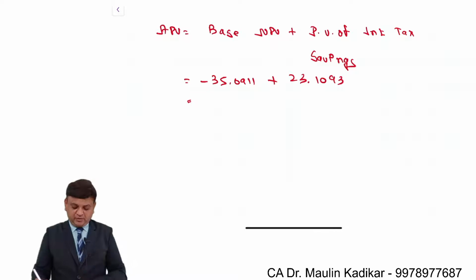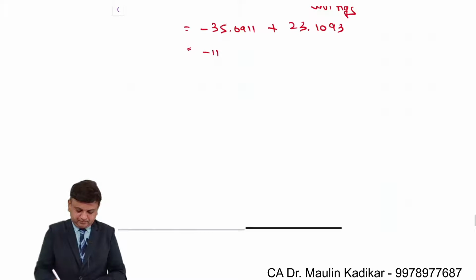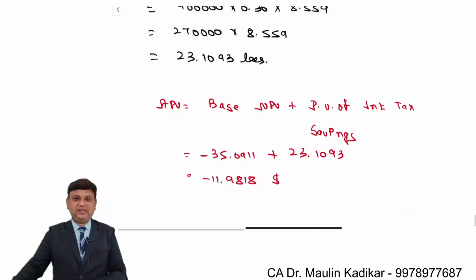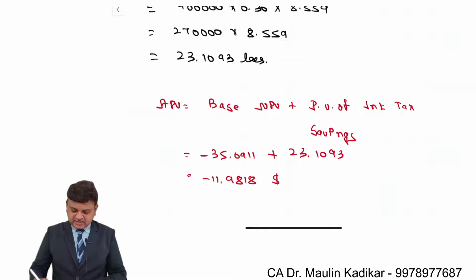So this is 11.9818. That is the negative NPV. It is in lakhs of dollars. Negative NPV.